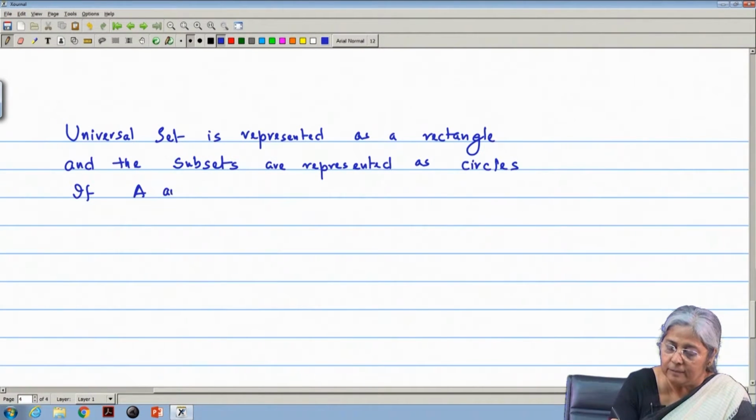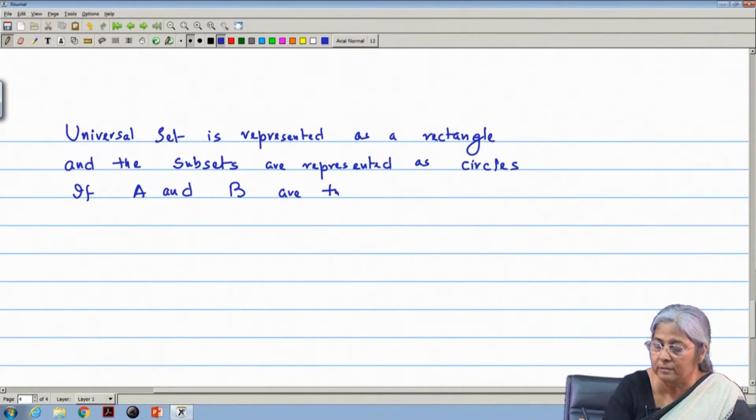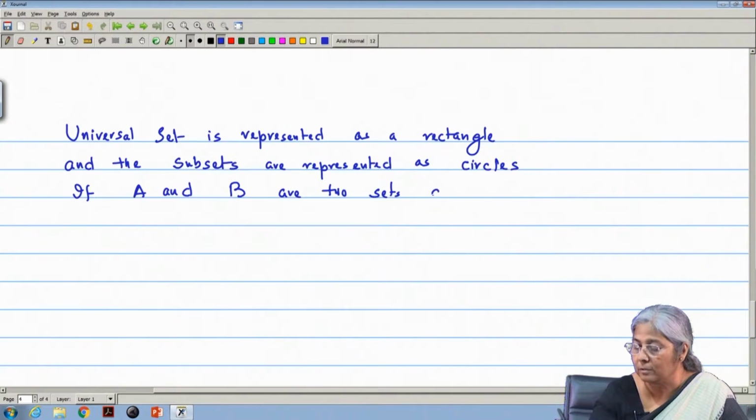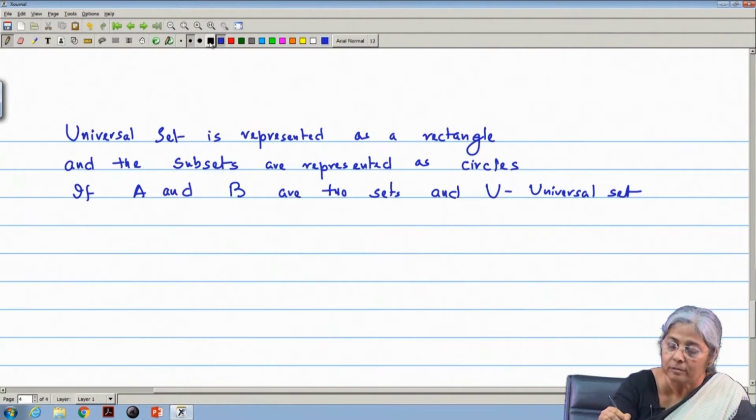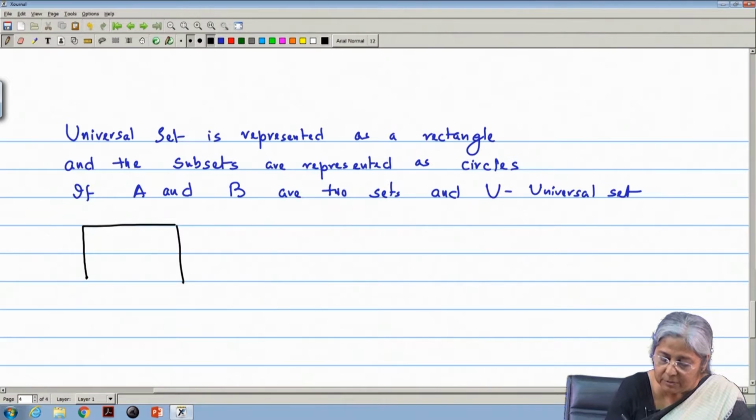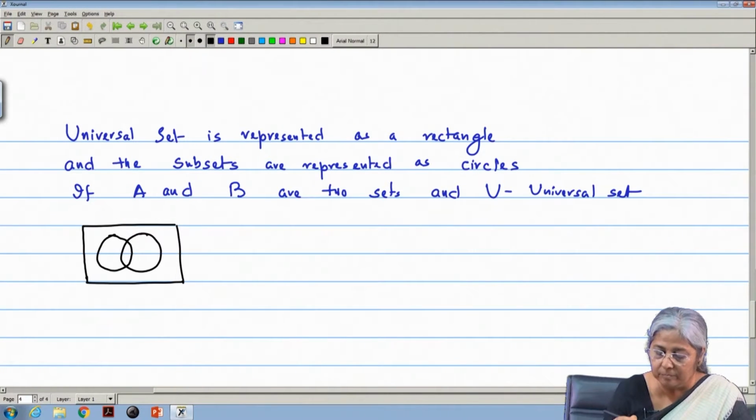So, if A and B are two sets and U is the universal set, then we can represent this as: this is my universal set U, the first circle is A, and the second circle is B. These are the sets.